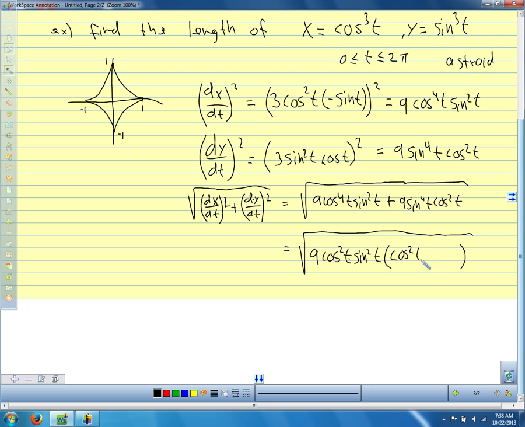Cosine squared t plus sine squared t. Oh, thank goodness. That looks a little nicer, right? Cosine squared t plus sine squared t is 1. So then we just end up with the square root of this thing. So we end up with 3 cosine t sine t. Oh, we can integrate that, can't we?